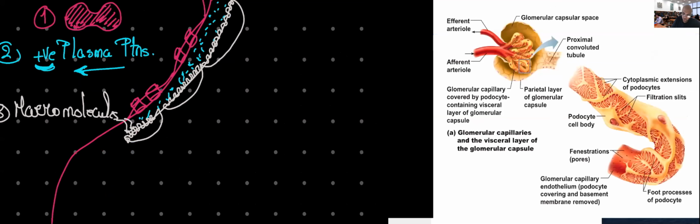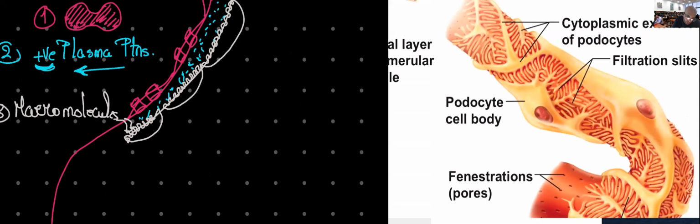So if we're looking here, those are the podocytes, and those are the feet of the podocytes on here. You see, between the feet of the podocytes, I've got very, very narrow spaces. And those narrow spaces are what we call the filtration slits.